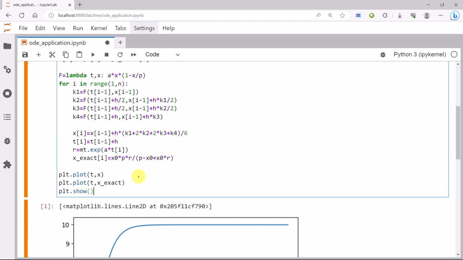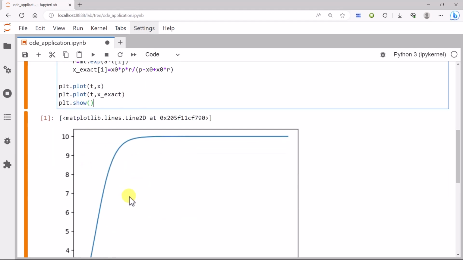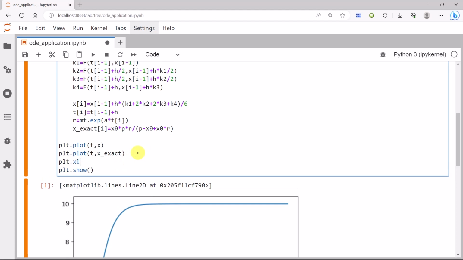Here on the x-axis I have time and on the y-axis I have the population. So plt.xlabel is time in year and plt.ylabel will be population in 1000.